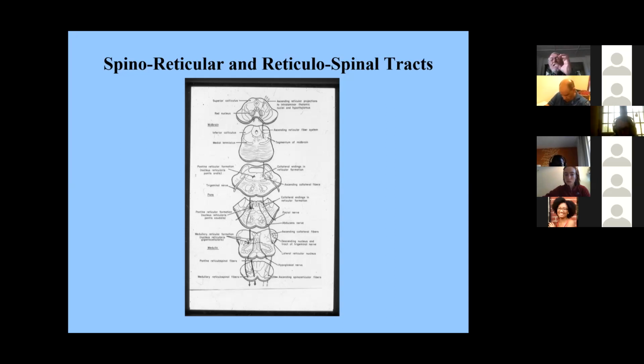And then the reticulospinal: the origin of these fibers is in the reticular formation, and it is a descending tract down into the spinal cord that is probably playing a very major role in motor function.